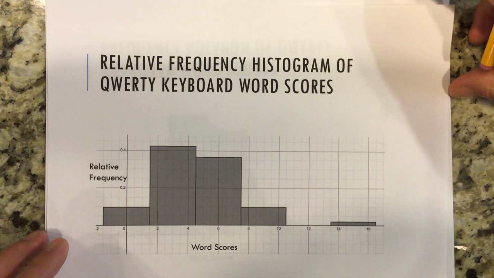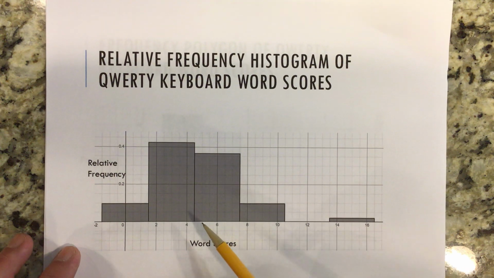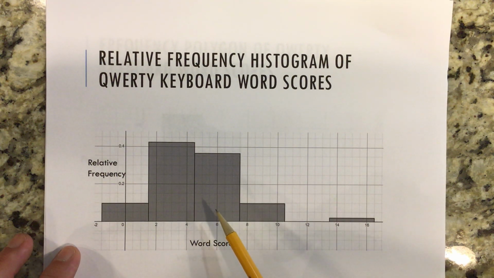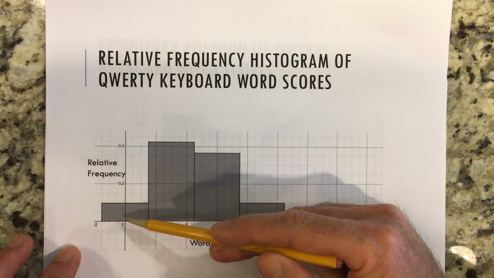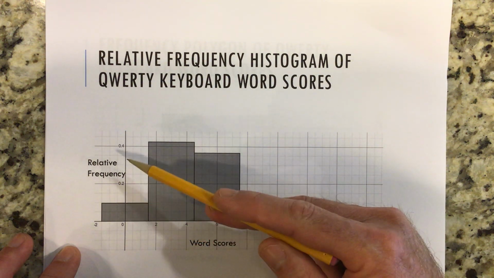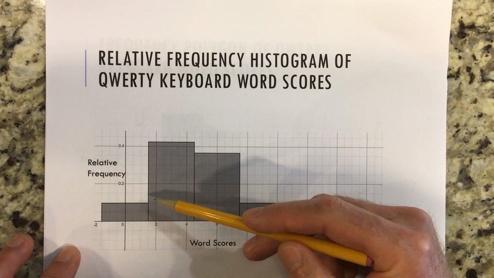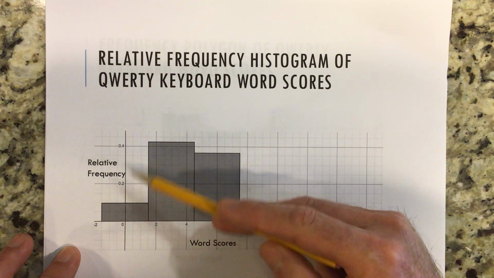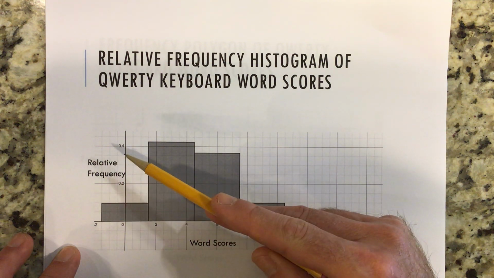Next graph, the relative frequency histogram. You'll notice that this graph looks identical to the regular frequency histogram. The only difference is your vertical scale. Instead of being the raw count or the raw frequency, it's now a relative frequency. So these are proportions, ratios. Actually, oftentimes these are going to be written in percentage form.